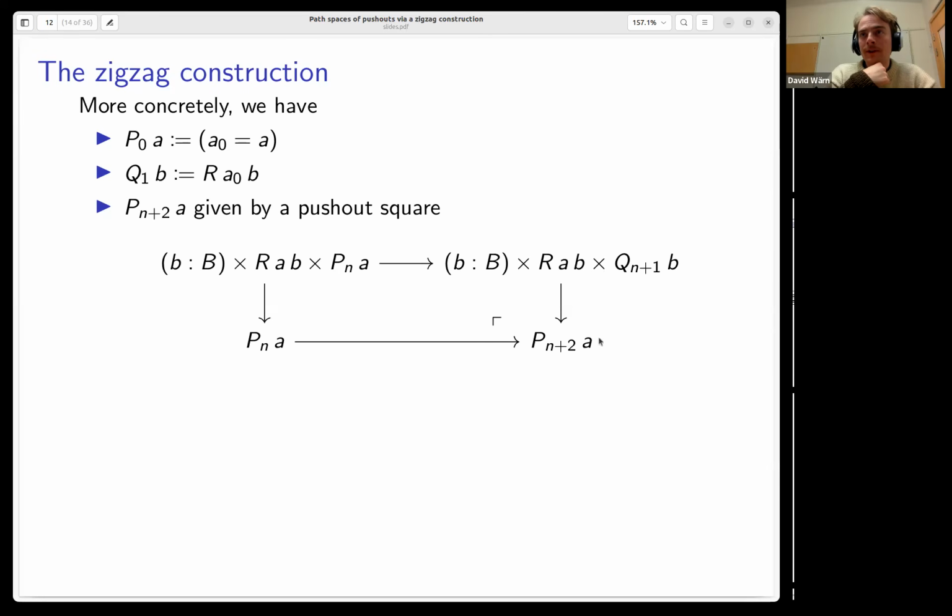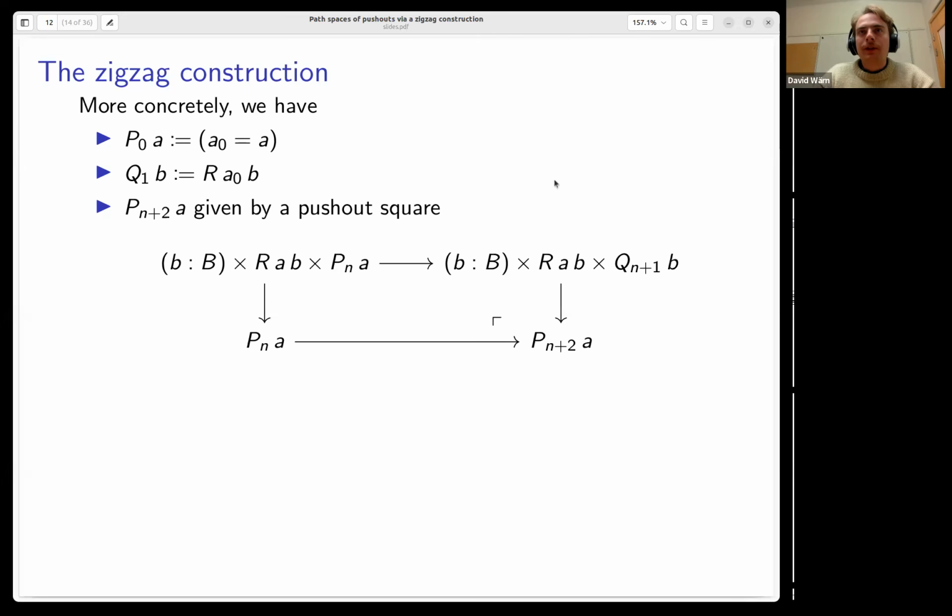The right vertical map expresses that you can append an edge to a path of length n+1 to get a path of length at most n+2, and then the path constructor in this pushout, or the commutativity of the square, is expressing that if you append an edge and then its reversal, then you get the same path that you started with.